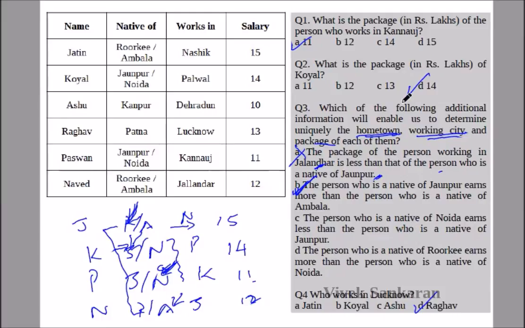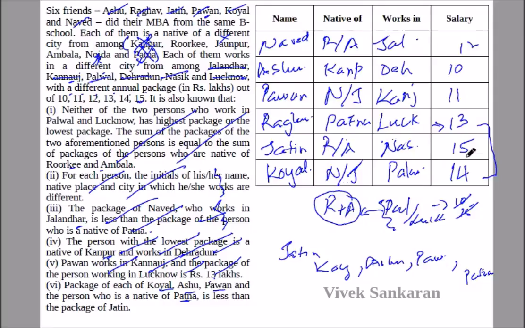The key point to note in this set was a couple of things. First one was, instead of trying to fix everyone, we first tried to write down all the information which was available. We looked at it in pairs and tried to make sure that whenever we got a pair, we filled in the missing information. For example, the moment we filled up R and A, we eliminated the other people of R and A. And the moment we filled up 4 of them, we filled up the other 2 after filling up Jatin.